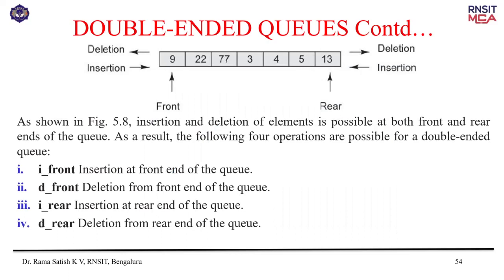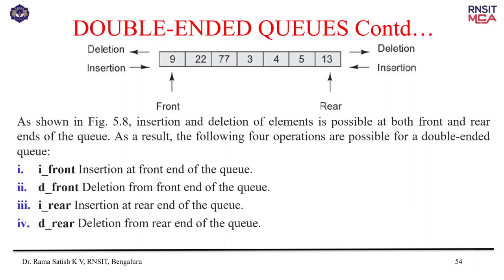What are the operations involved? Of course, front and rear are two special variables that need to be present for a double-ended queue. As you see in the figure, insertion and deletion of elements is possible at both the front and rear ends of the queue.